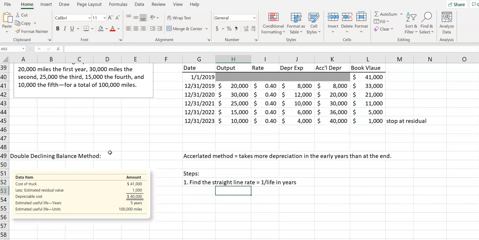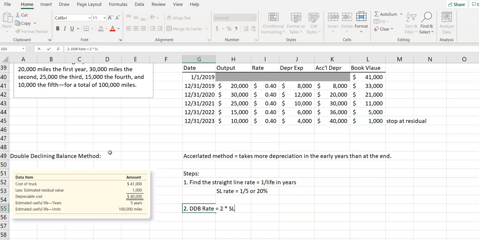So for this example, the straight line rate equals 1/5, 1 over 5 years, or 20%. I tend to use the percentages. Some people use the 1/5. Doesn't really matter to me. The double declining balance rate, DDB, since it's double, is 2 times the straight line rate.